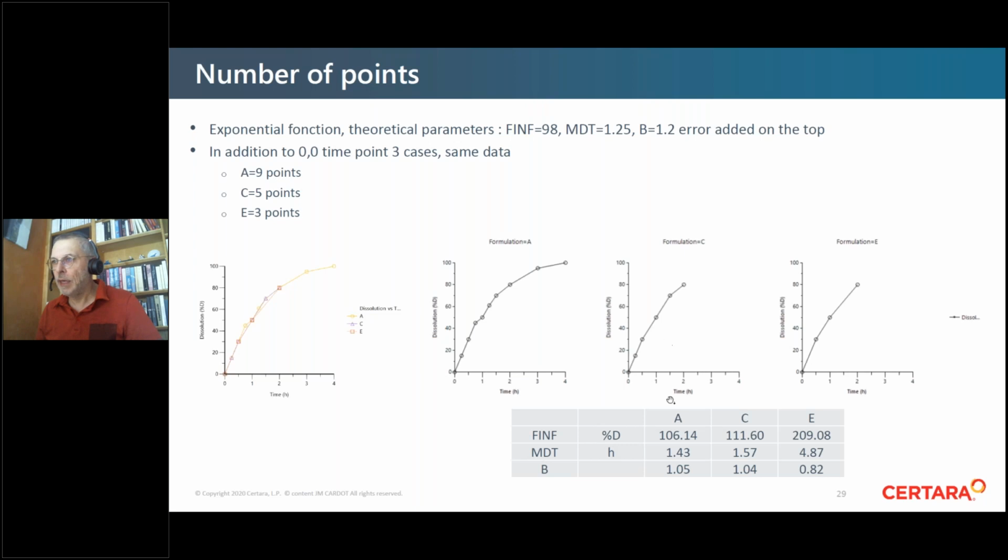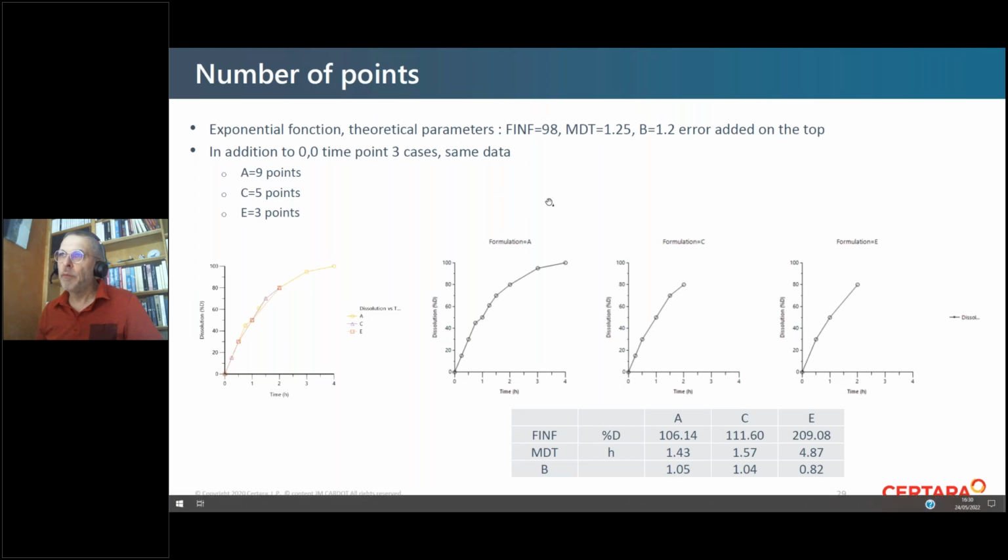For A and C, you can see that F infinity increases marginally, and that MDT and B are almost similar. But when I reduce my number of points to only 3, you can see that all parameters, that means F infinity, MDT, and B, are not at all the correct ones. That shows the importance, in this case, of the number of points in the right modelization.